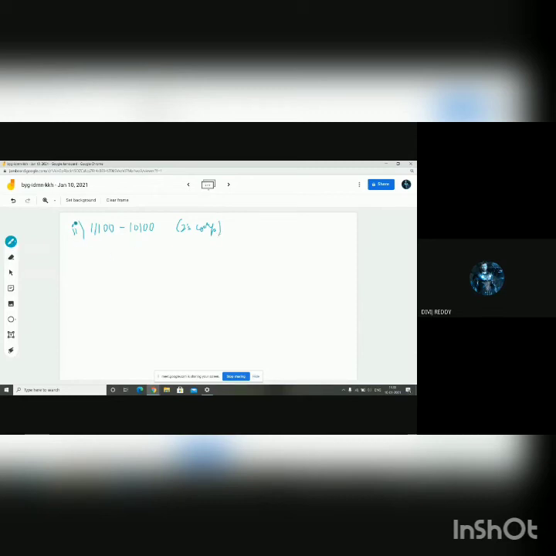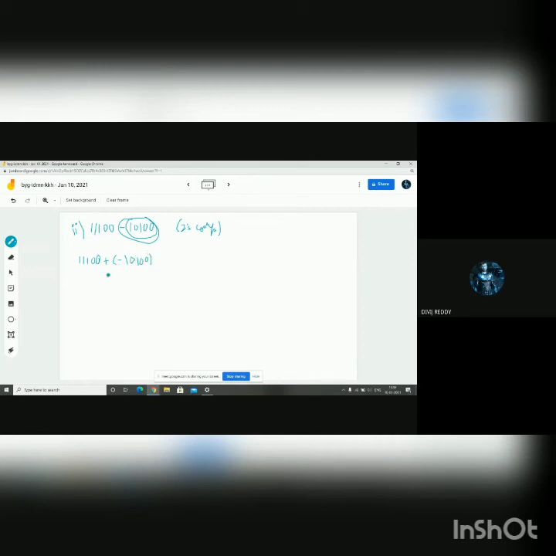In the two's complement method, the second number we consider as a negative number. That is, we consider the above operation as 11100 plus minus of 10100.